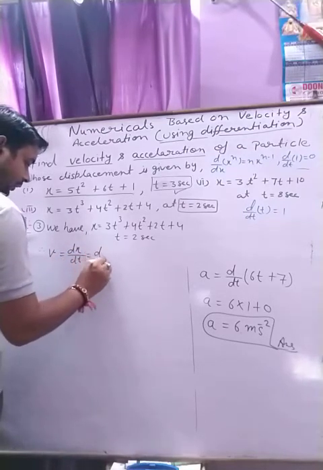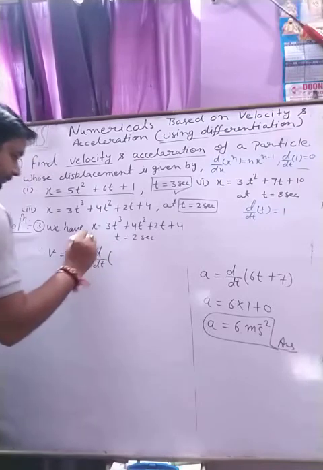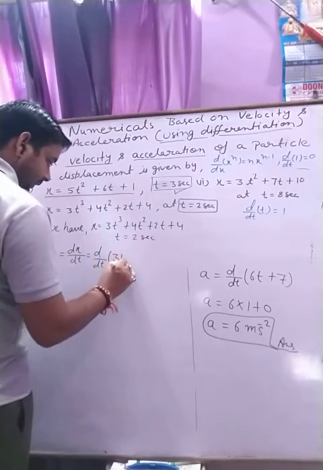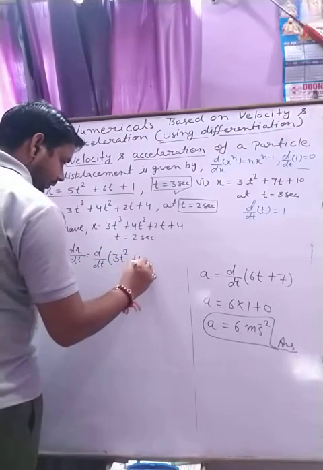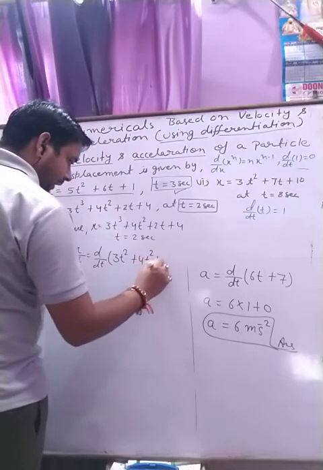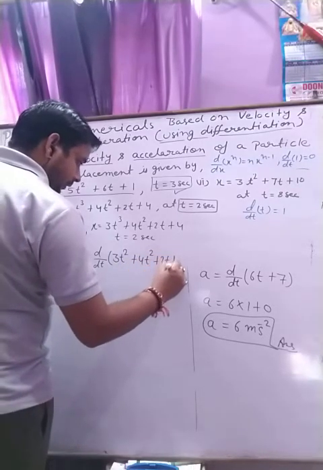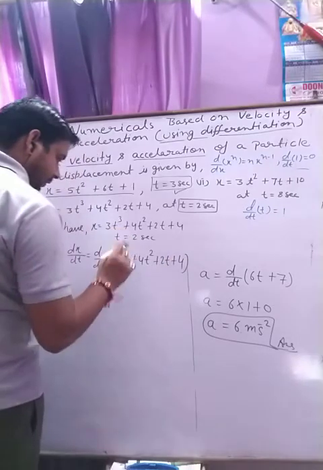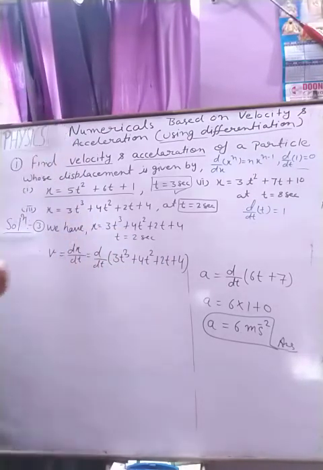So d over dt is 3t square 4t square 2t plus 4 3t cube.